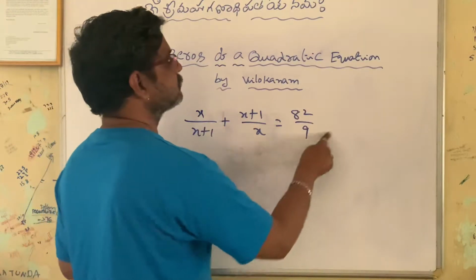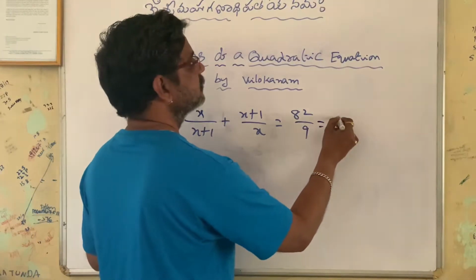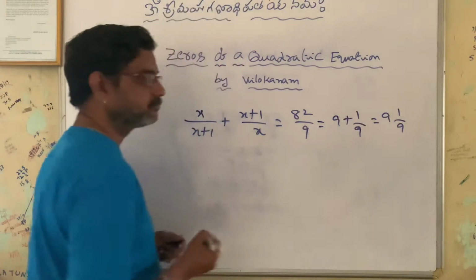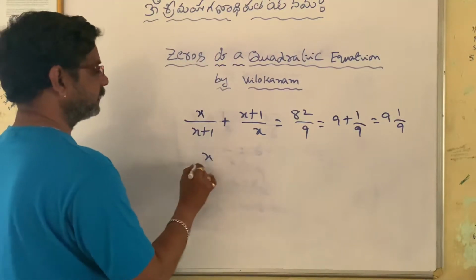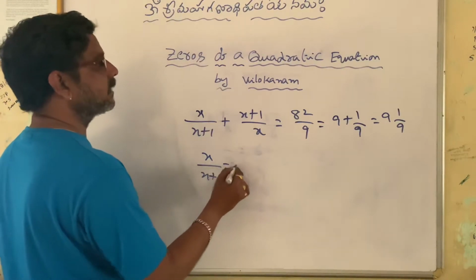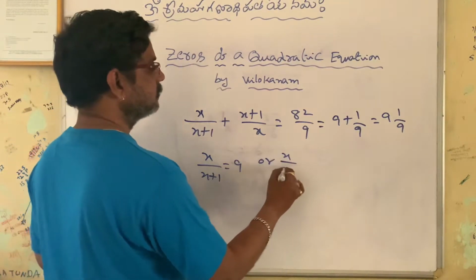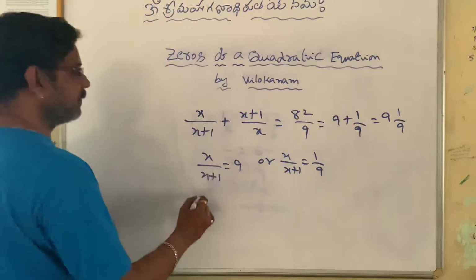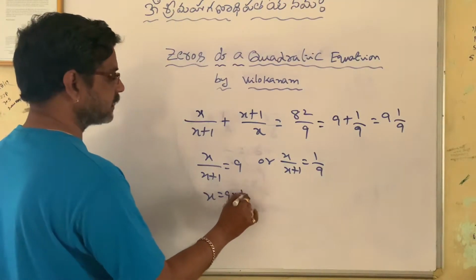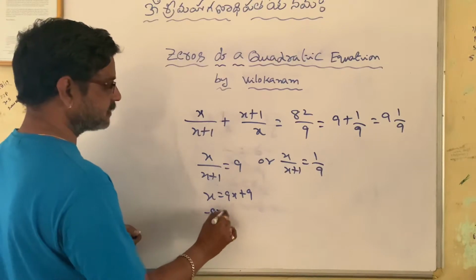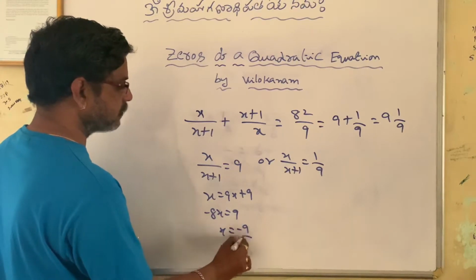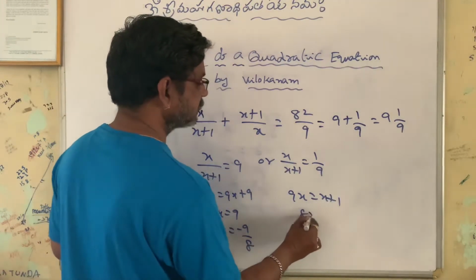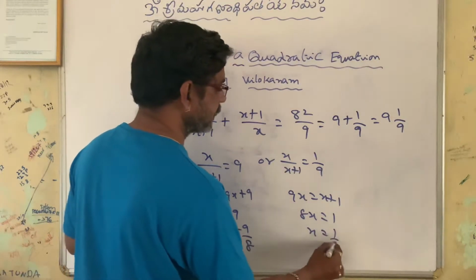If you observe the RHS part, we can write it as 9 plus 1 by 9, or simply 9 1 by 9. So we can say that x by x plus 1 is either 9 or 1 by 9. When we simplify, x is equal to 9x plus 9, then minus 8x is equal to 9, x is equal to minus 9 by 8. Here 9x is equal to x plus 1, 8x is equal to 1, x is equal to 1 by 8. Simple.